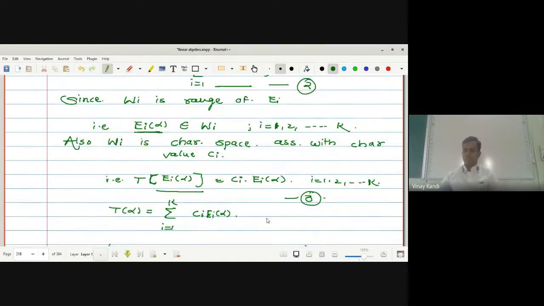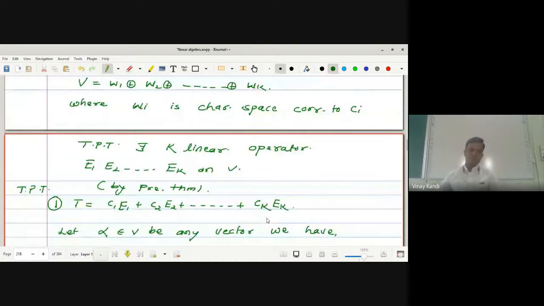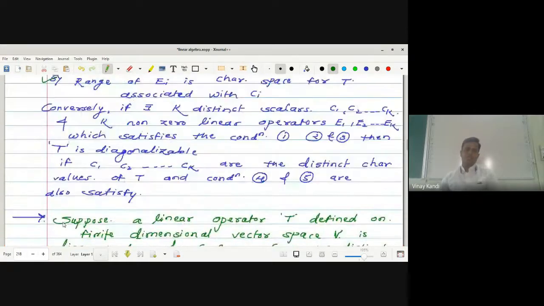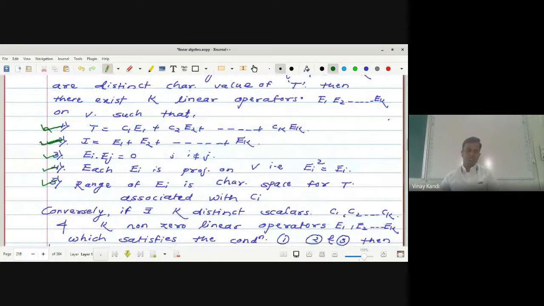So in part 1, we include this statement 1, T is equal to C1 E1 plus C2 E2 plus up to so on Ck Ek, and by the previous theorem, we get the second, third, fourth, and fifth.